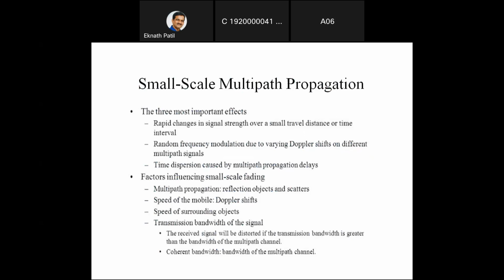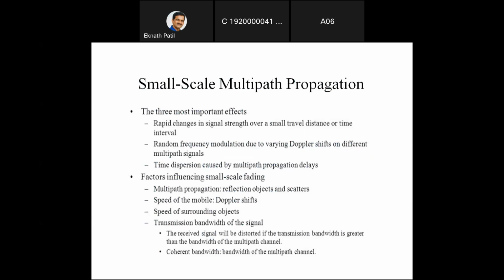And at that point, if there is addition of all the phases, then you will get the better signal. If there is subtraction of the phases, then you will not get any signal on the mobile. Okay, so rapid changes. Why rapid changes?